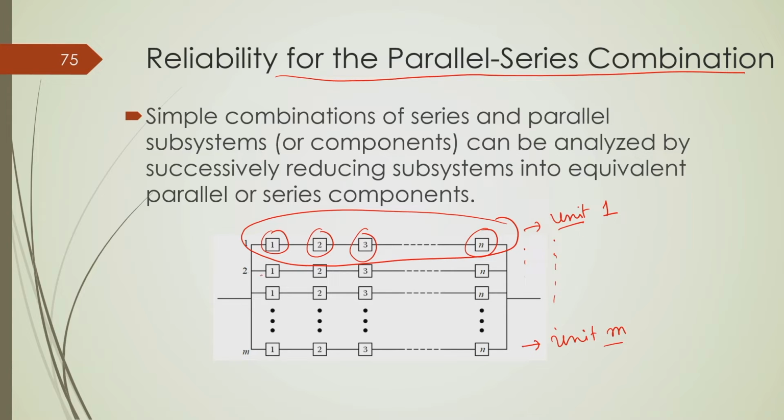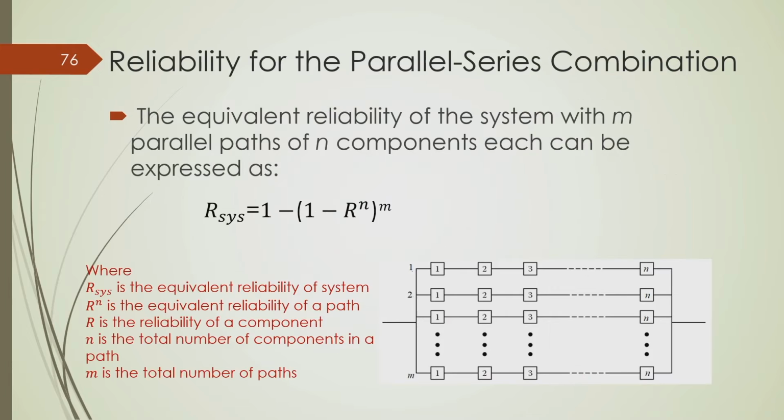So, we have n number of subsystems connected in series, which constitute one unit of the system, and there are m such units, identical or maybe different, connected in parallel. For this we can find the overall reliability of the system. Here we have assumed that R is the reliability of the component.